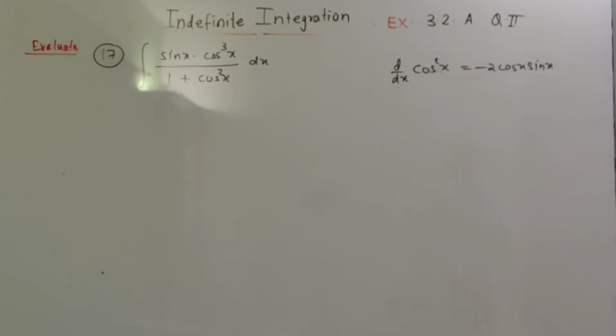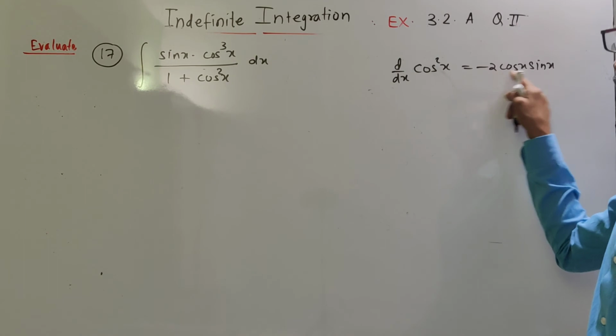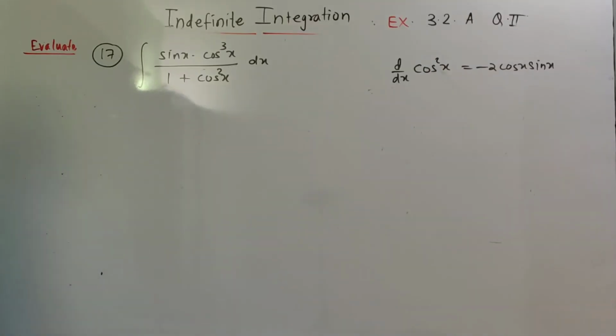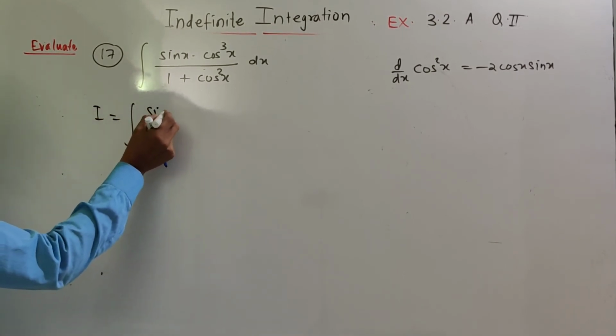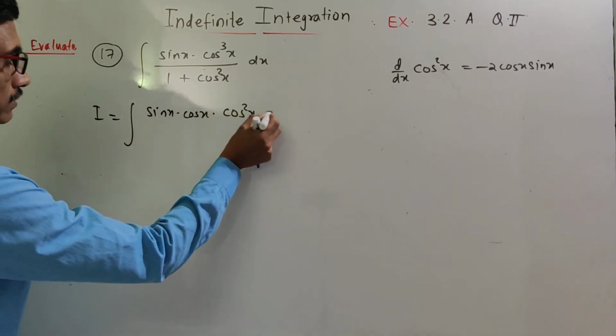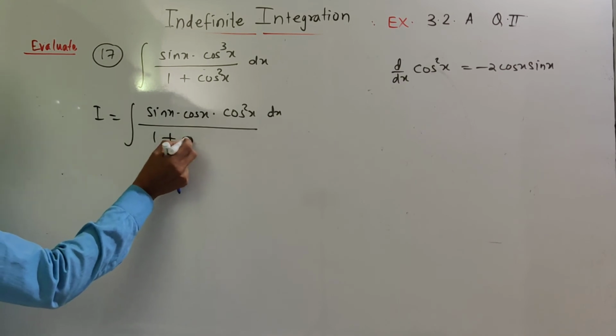Question number 17. Here, as you know, derivative of cos square x is minus 2 cos x sin x. So this cos cube we will write as cos square and cos. So our integral I will be equal to sin x into cos x and into cos square x dx, denominator is 1 plus cos square x.